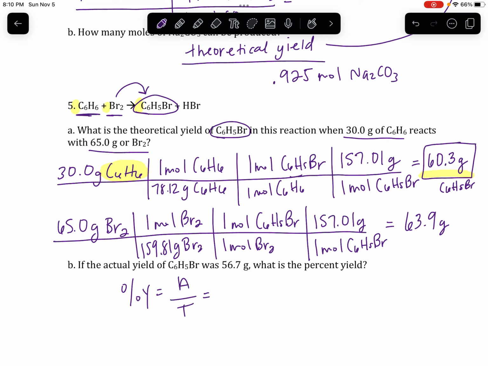So for B, when it's asking for percent yield, remember percent yield, I remember it like AT, actual over theoretical. So it tells me my actual yield was 56.7. Okay, and then remember we just calculated our theoretical yield here. So that would be 60.3 grams. And when I divide that, I get 0.94 something.